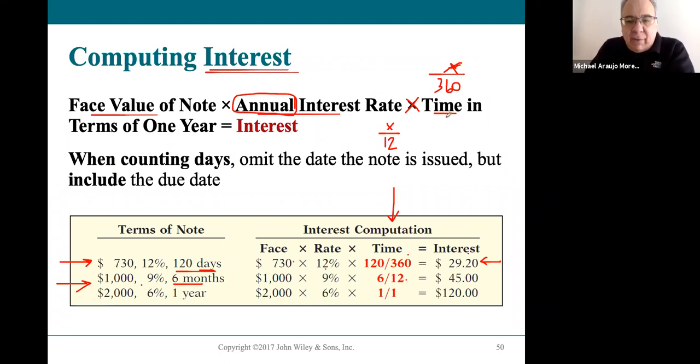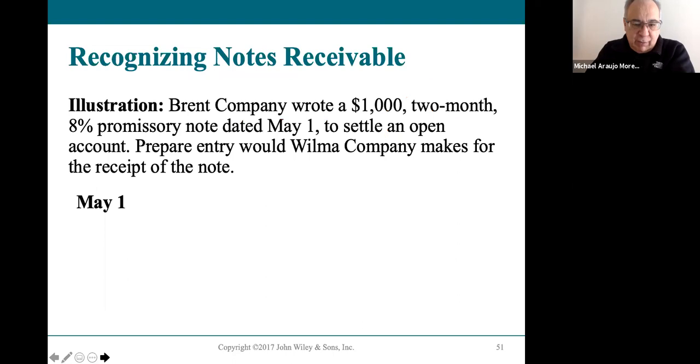Okay, and we need that for this part of the equation. $1,000 times 9% times 6 divided by 12 will give us the $45 in interest. What are they going to collect on the maturity date? $1,045 in cash is going to be collected. Okay. So that's important to know how to compute.